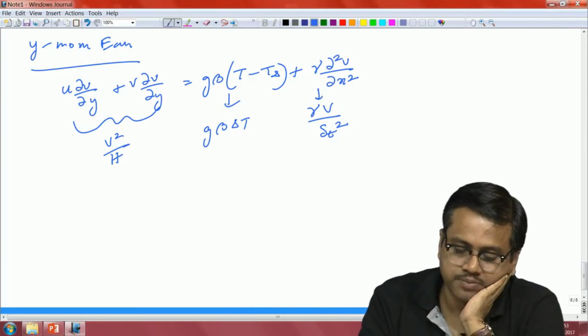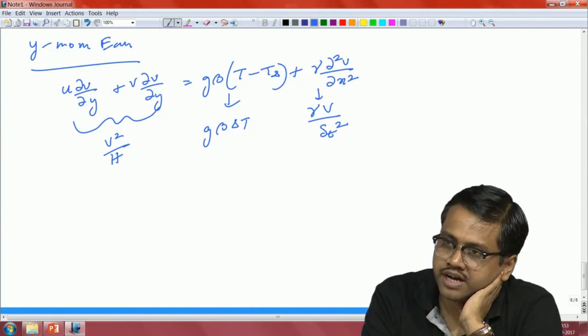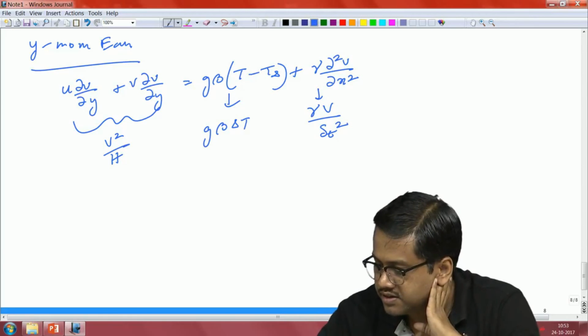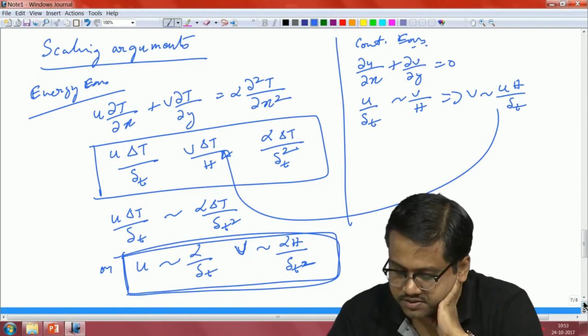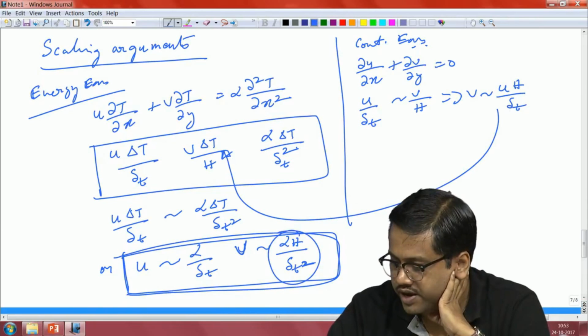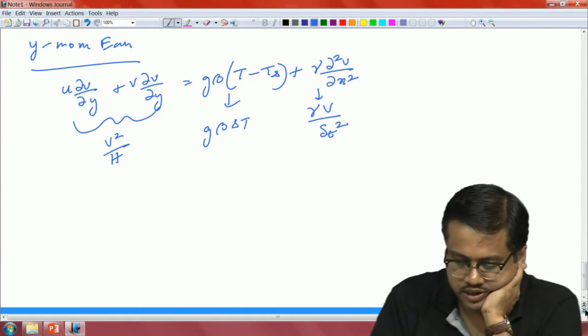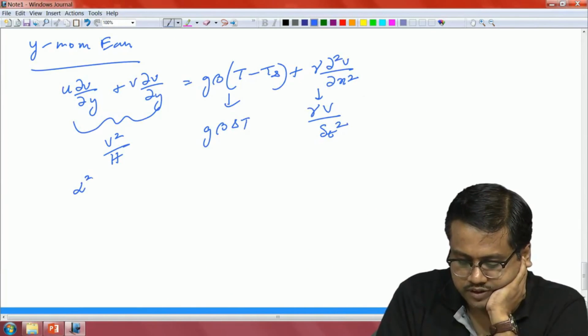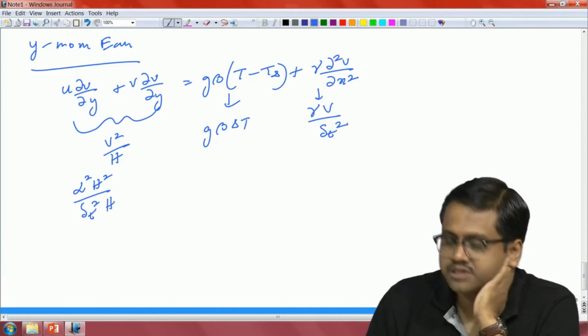Now, if you substitute for v, which we have already done on the previous page, that is alpha h by delta T squared, right. So, let us put alpha squared h squared by delta T to the fourth divided by h.